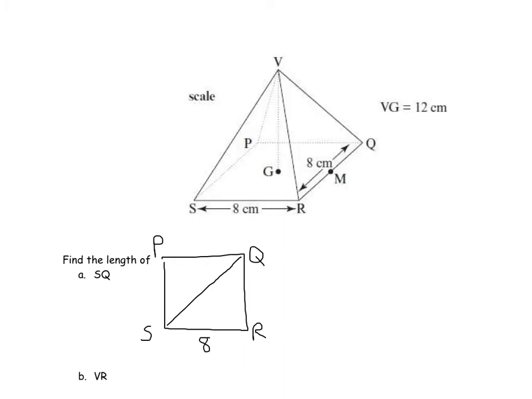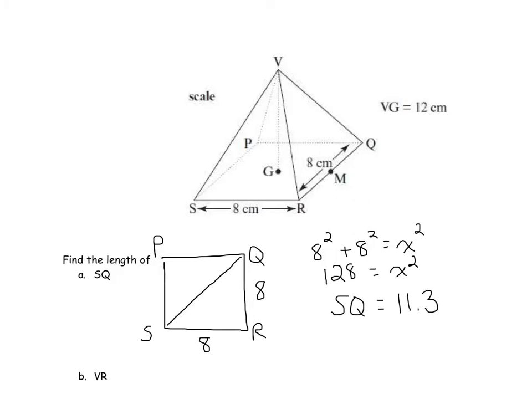Q to R is 8. So, Pythagorean theorem. 8 squared plus 8 squared equals that distance squared. 128. And we're going to do the square root of 128. So SQ is going to be 11.3. Now, on this problem, they do give me my units, so that would be centimeters.